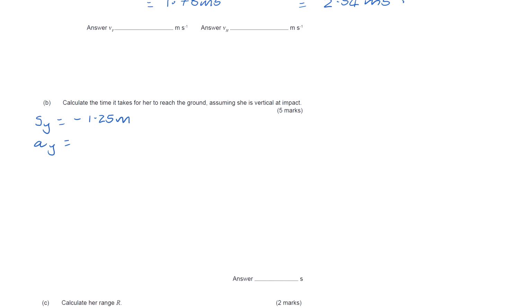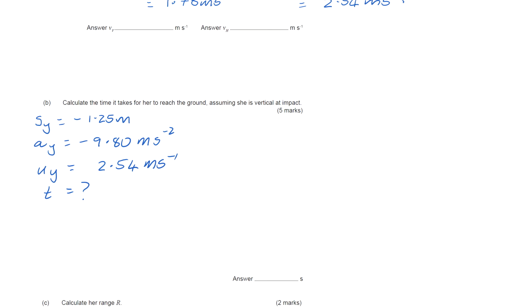The acceleration she has is due to gravity, so it'll be minus 9.80 meters per second squared. The initial velocity in the y direction is positive because it's upwards, and it's 2.54 meters per second, which we calculated before, and we're looking for time.